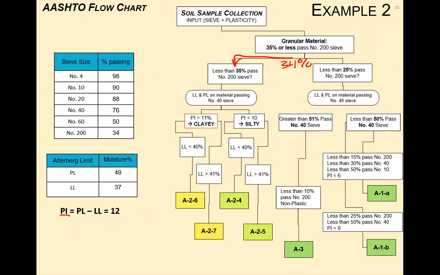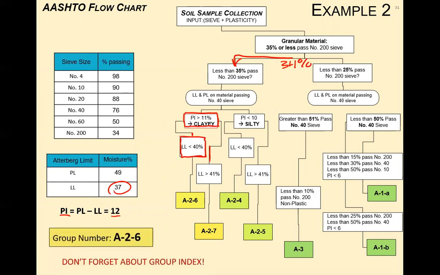So if our PI is greater than 11, which it is because it's at 12, then we look at these two options. Is the liquid limit greater than or less than 40? So our liquid limit is 37. Our liquid limit is less than 40, which means our group number would be our A-2-4.